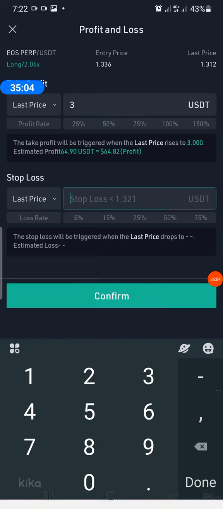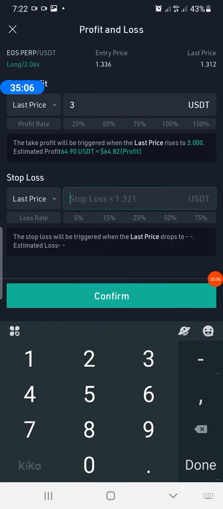Then stop loss, you are telling the market that if I keep on trading and encounter a loss of up to 5%, for example, you selected 5%, and the market dipped down to this price, please close the trade for me. Let me manage the remaining capital perfectly.